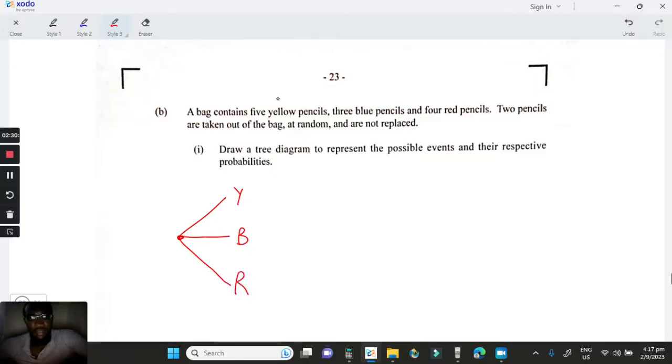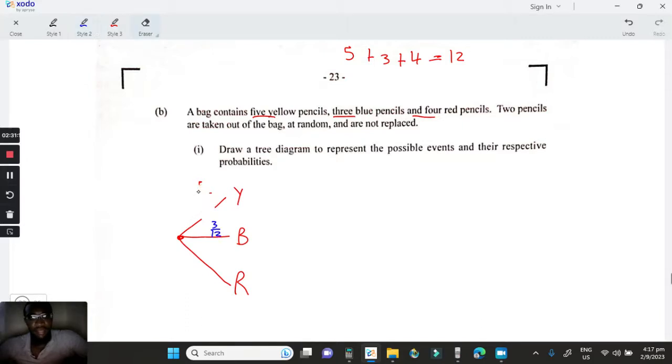Now, how many yellow? First thing, let's find the total. 5 plus 3 plus 4. 8 and 4 is 12. So first thing, probability of yellow is 5 over 12 for the first draw. Afterwards, probability of blue is 3 out of 12.